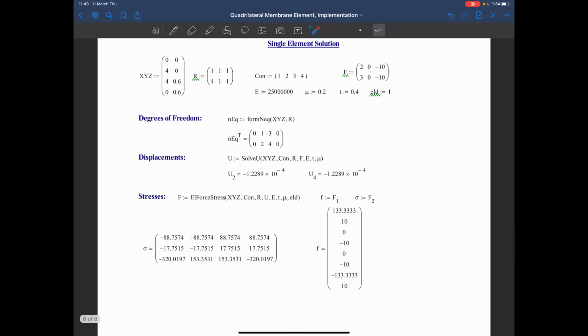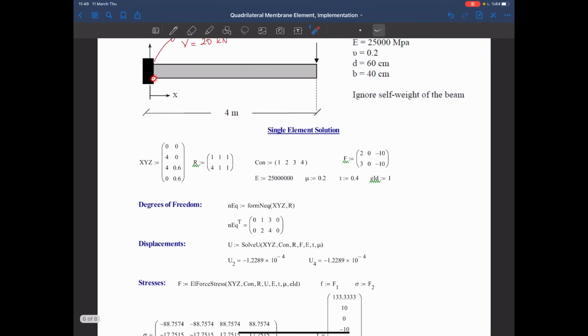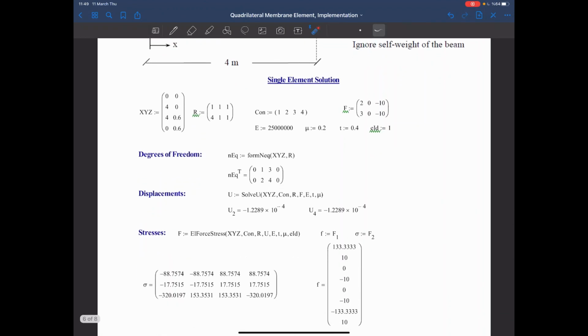But of course, when you look at the nodal displacements and obtain the forces by just k times u, the axial force is 132 and minus 132, and the moment of these two axial forces will give you 80.